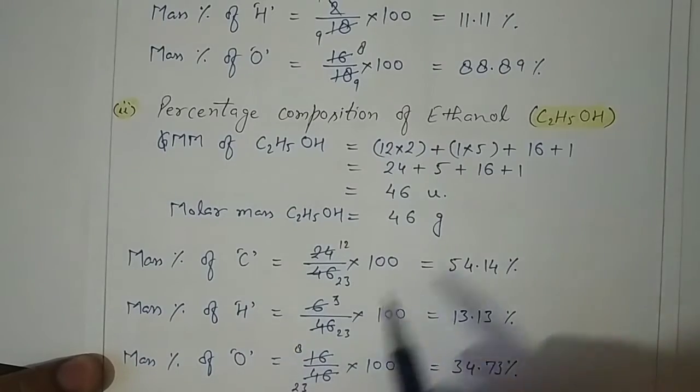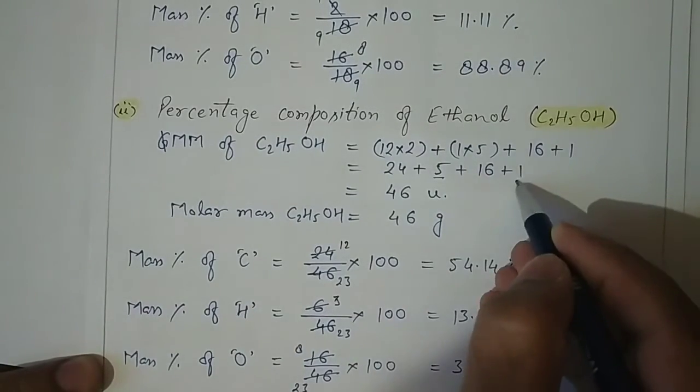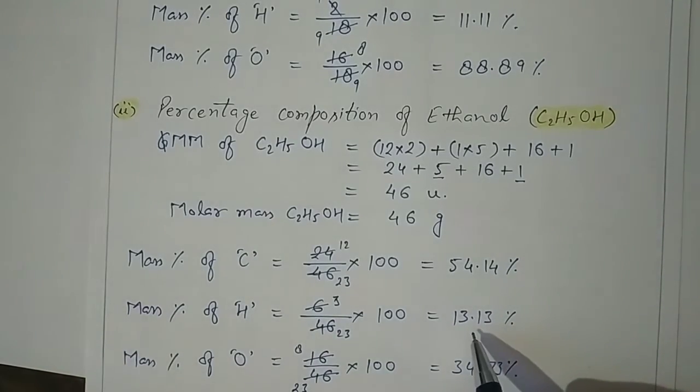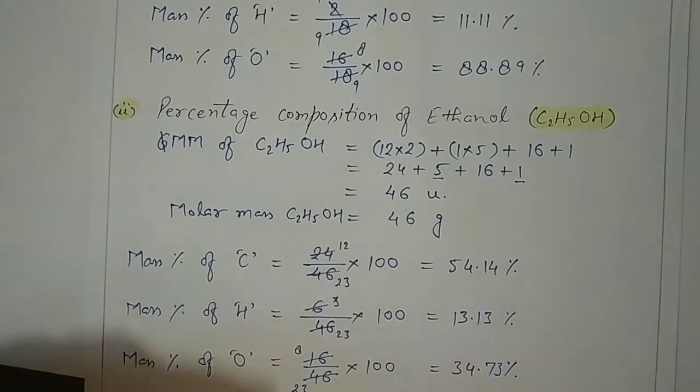Similarly for hydrogen, 6, that is 5 plus 1, because hydrogen is at 2 places, so 6 by 46 into 100, that is 13.13%, and oxygen is 16 upon 46, that is 34.73%. So in this way we can calculate the percentage composition.